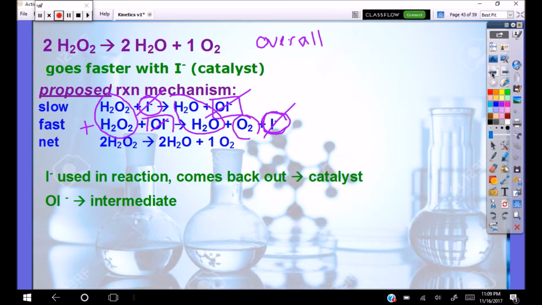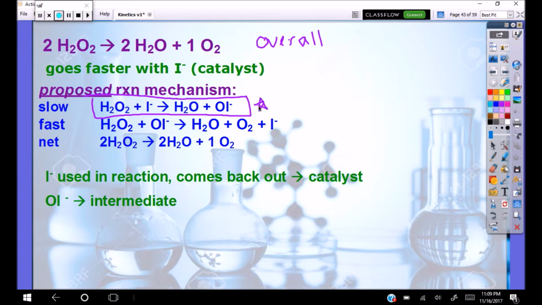So in our example, if I clear some of this out, we have these things labeled as fast and slow step. Well, our very first step is the slow step. So our rate law is going to be built around this step here, right?